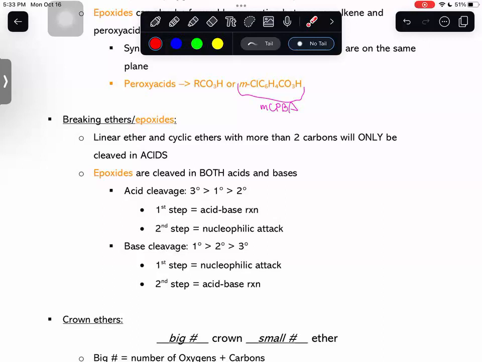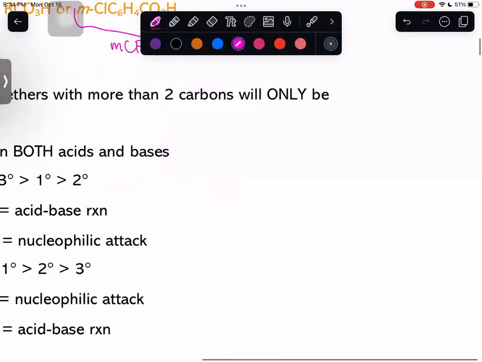Okay. First of all, questions on how to identify the epoxides versus cyclic ethers. Do we know how to identify them? Are we comfortable with that? Okay, really quickly, let's look at the next few molecules.